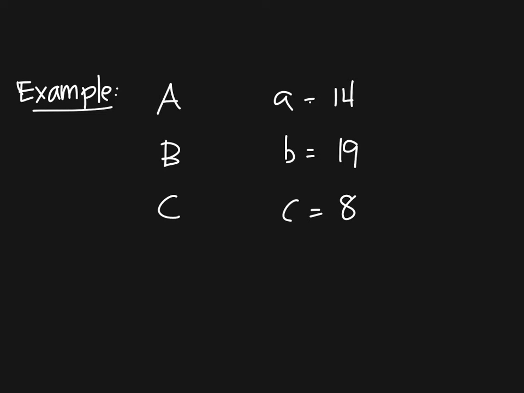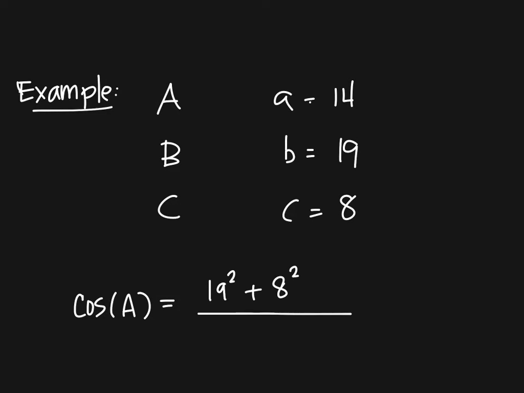It doesn't matter which one you do first. Let's just go in order. We'll start with cosine A, which I don't know. What's going to get squared first? The 19. So it'll be 19 squared plus 8 squared minus 14 squared.